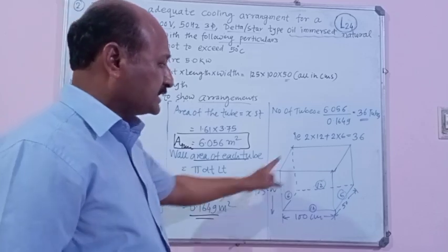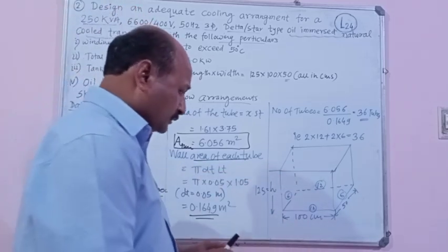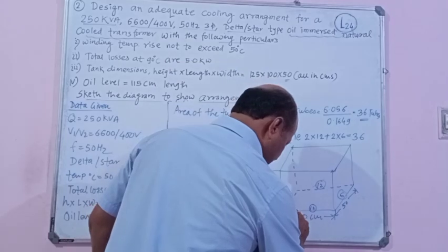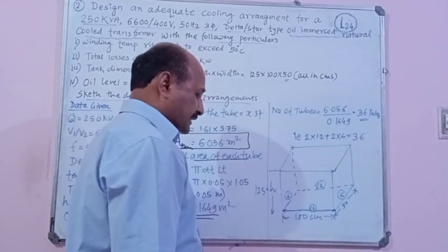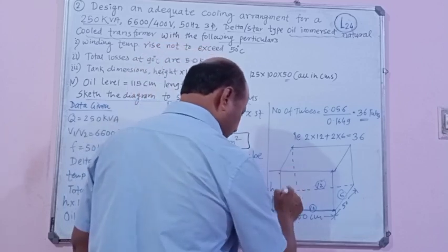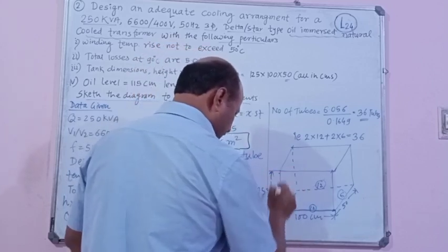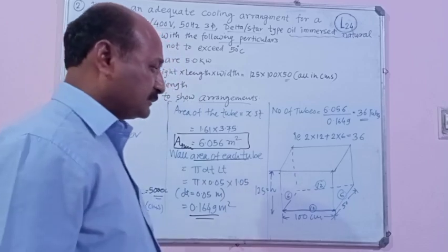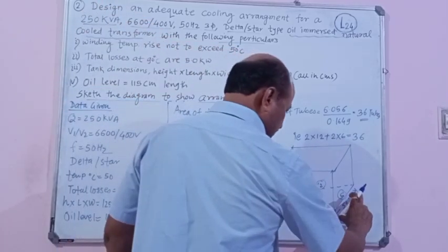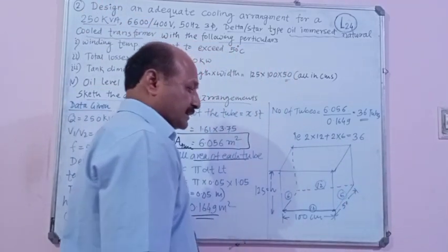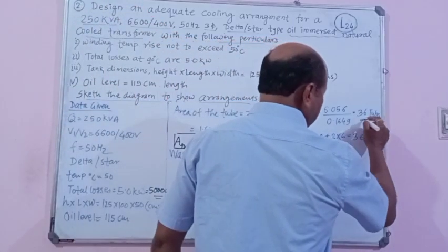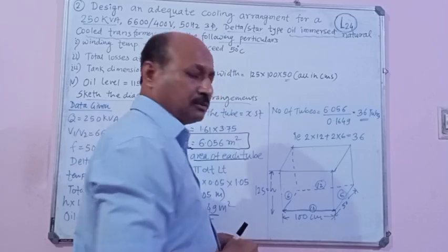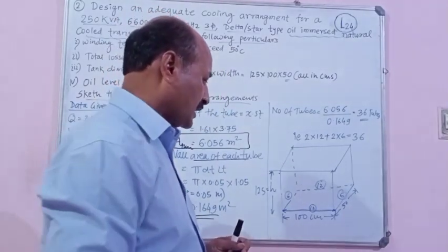Now we have this tank. So this distance of the tank is nothing but 100 centimeter. Height of the tank is 125 centimeter. Then this width is nothing but 50 centimeter. So in this tank you have to put 36 tubes. How will you put the 36 tubes?